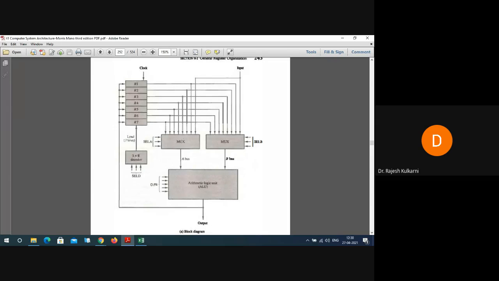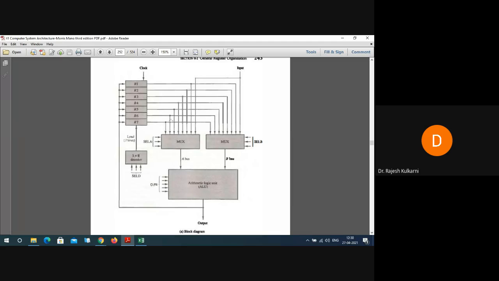So there are two multiplexers, multiplexer A and multiplexer B. One for one operand, the other one for another operand. So it means all the registers are connected to these two multiplexers with the help of buses.